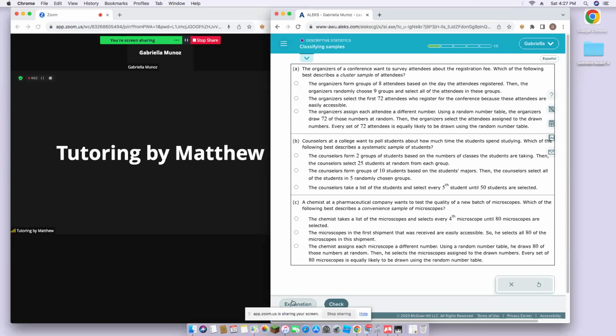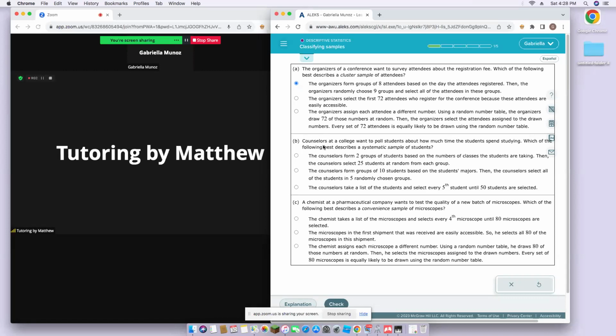But then she randomly chooses 9 groups, and then selects all in these groups. I think it's A. That's the problem here. So systematic is where you divide into groups and then randomly select from each group.